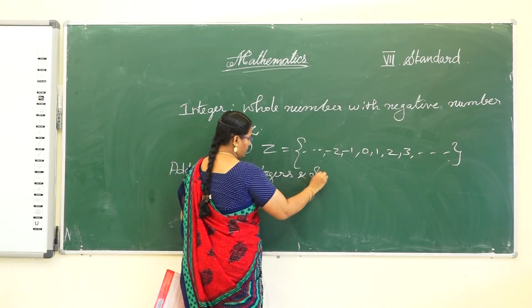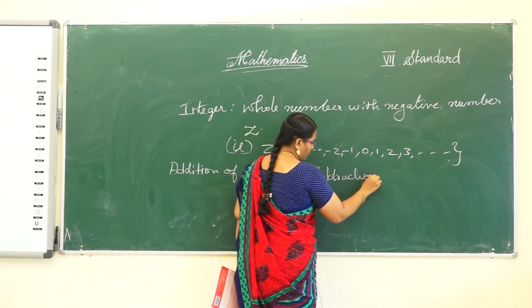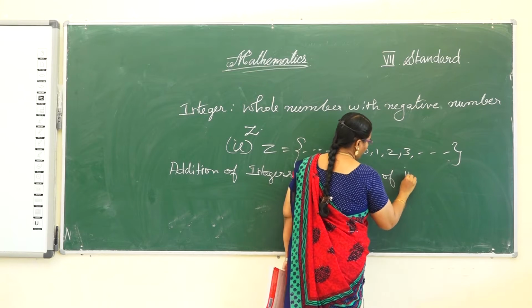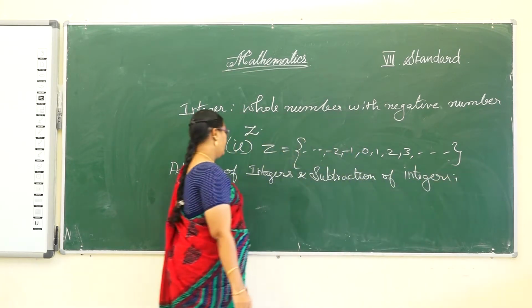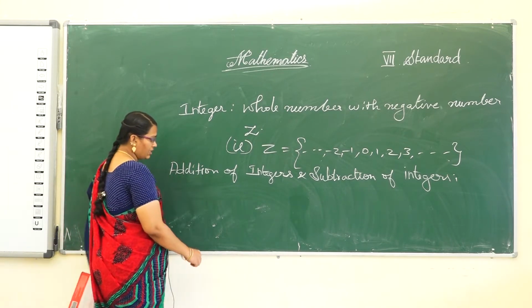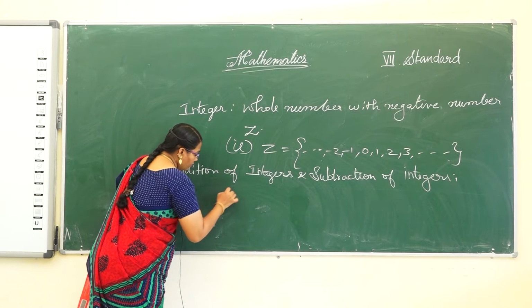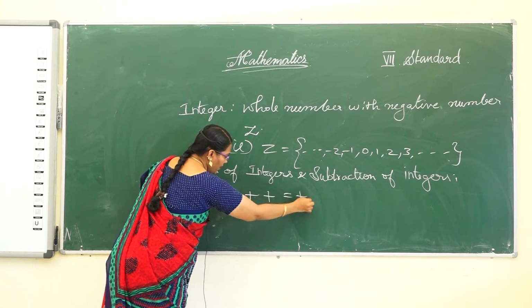And subtraction of integers. Some rules follow in addition and subtraction, both having the same procedure. Two positive numbers added, we get the positive value.